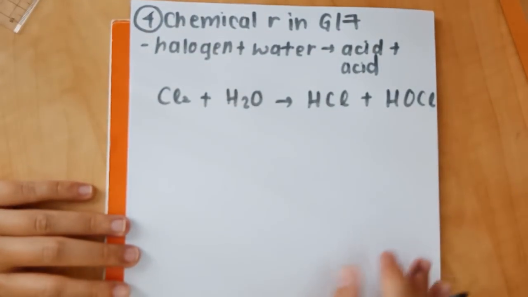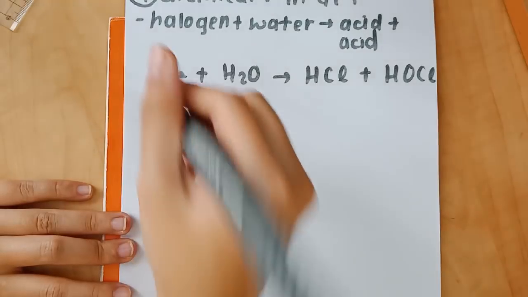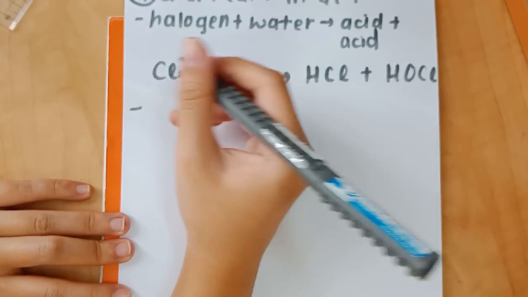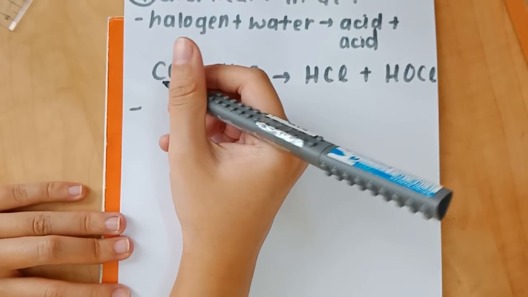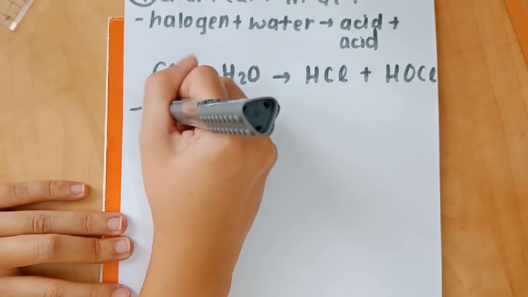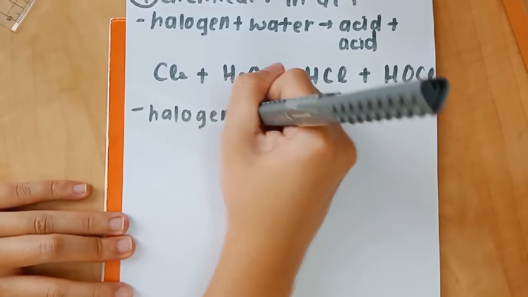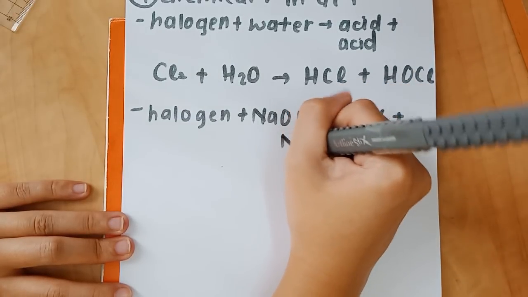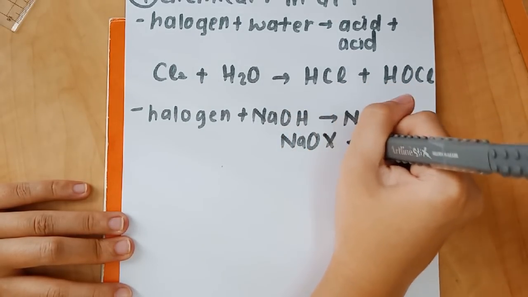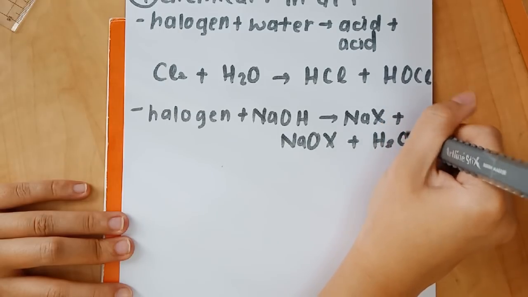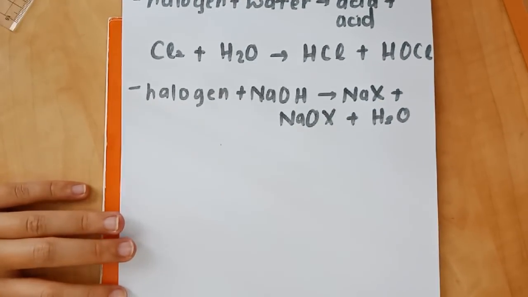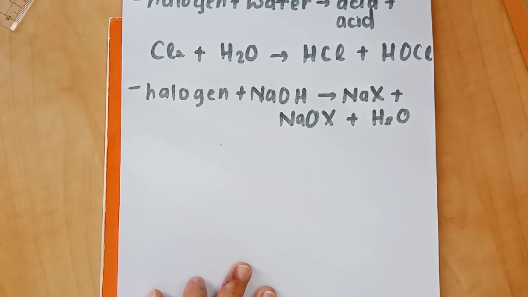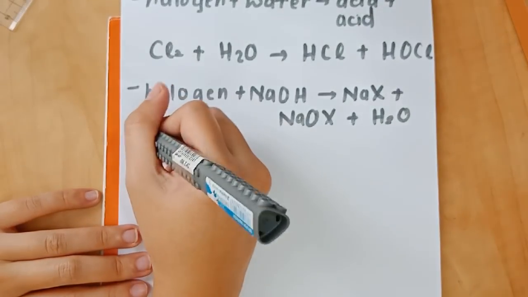You don't need to balance this chemical equation because it is already balanced. The 2 other halogens which can undergo these reactions are bromine and iodine. The next thing that you need to know is that when a halogen is added to NaOH, you will get NaX plus NaOX plus water. So X could be Cl, Br, or iodine.